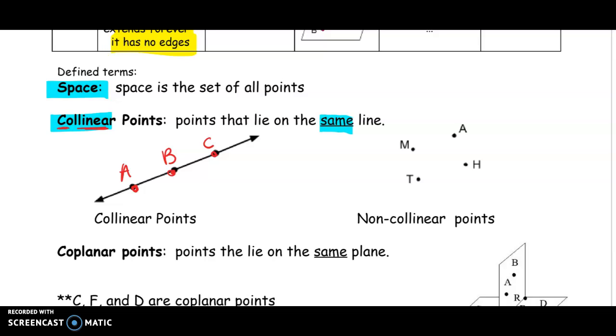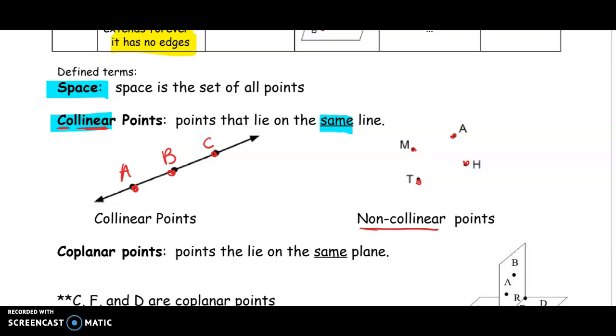You can draw a single line through those 3 points. Non-collinear points are points that are not together. So in math, M, A, T, and H, you can't draw one line through all 4 of those points. You can draw multiple lines, but not one.